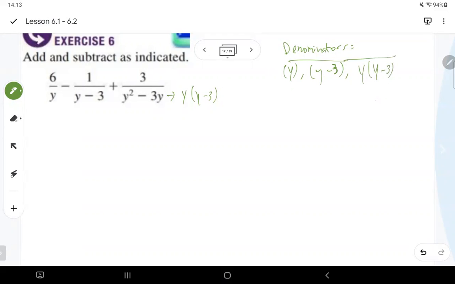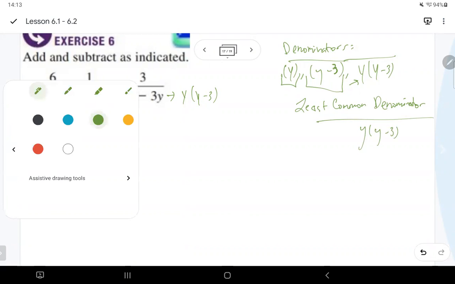So if you notice, this denominator and this denominator are represented within that denominator. So your least common denominator is just going to be the combination of y minus 3.